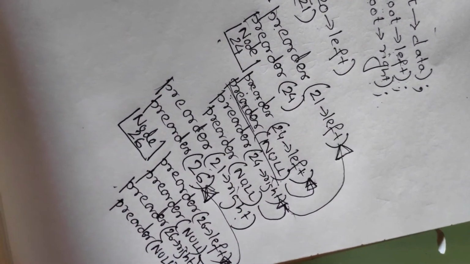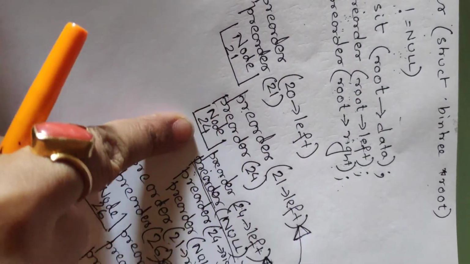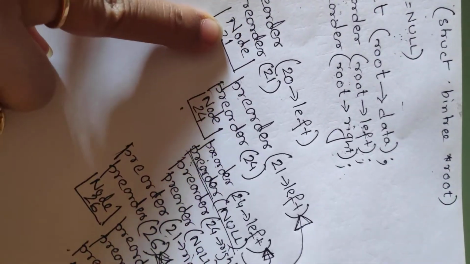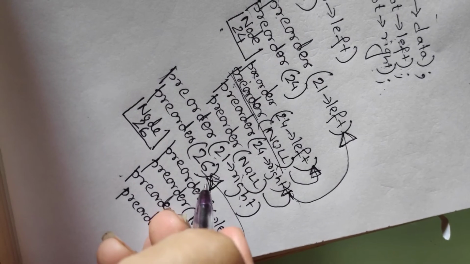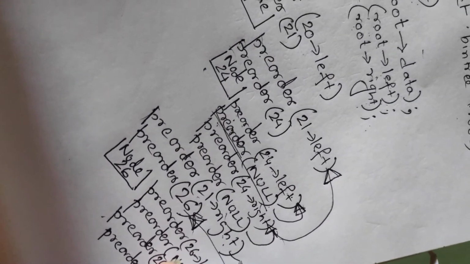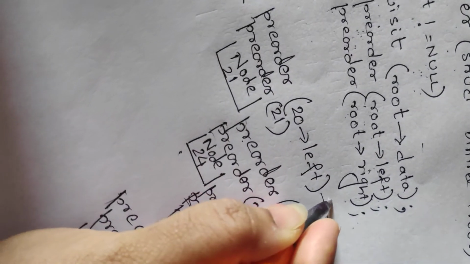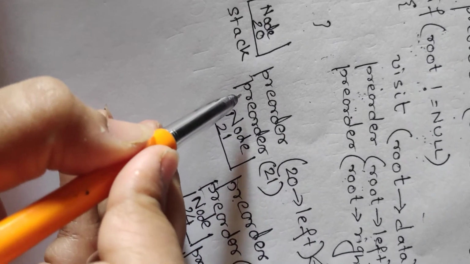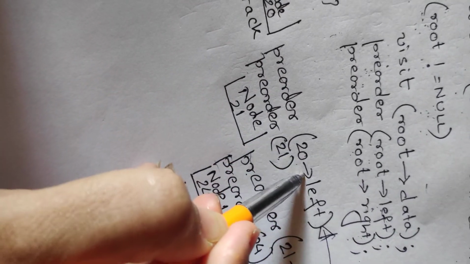After calling 21 right, there is no other execution left for this node 21. So the control goes back. Where will this control go back? The control will go back to 20 left. Why? Because preorder 21 was called when we had called preorder 20 left.